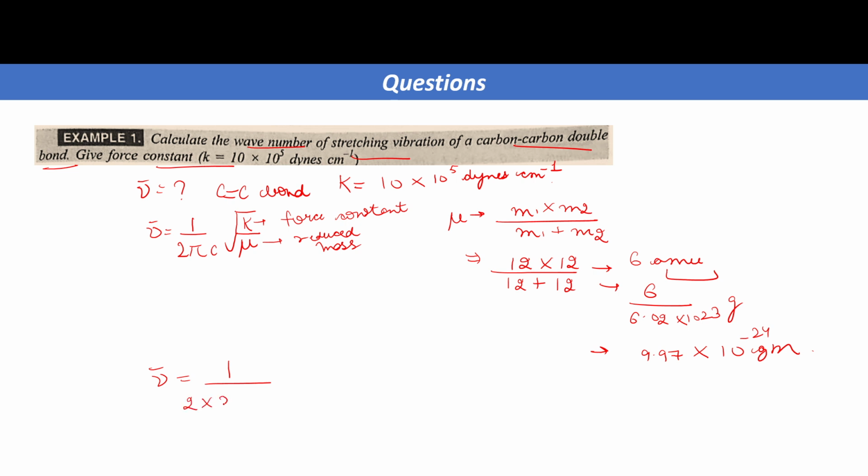So it will be 2 into pi, that is 3.14, c, that is 3 into 10 raised to power 10 centimeter per second, k, it is given 10 into 10 raised to power 5, and the reduced mass is 9.97 into 10 raised to power minus 24 gram.